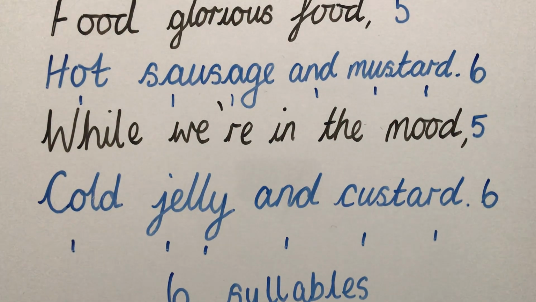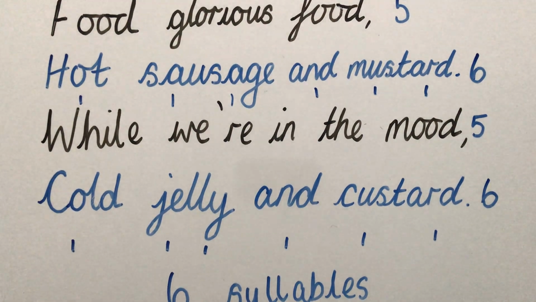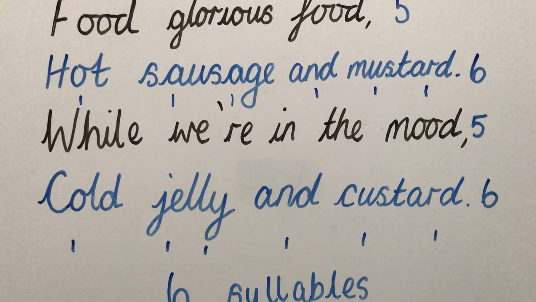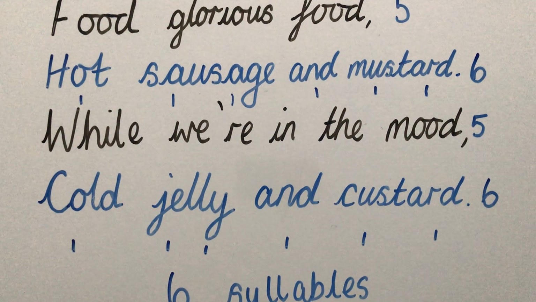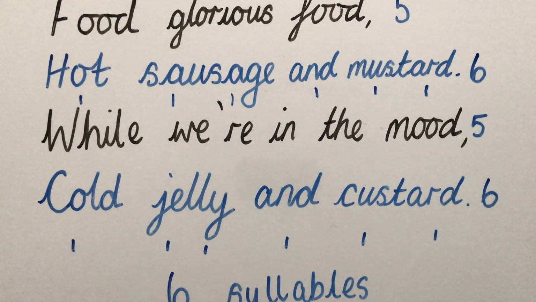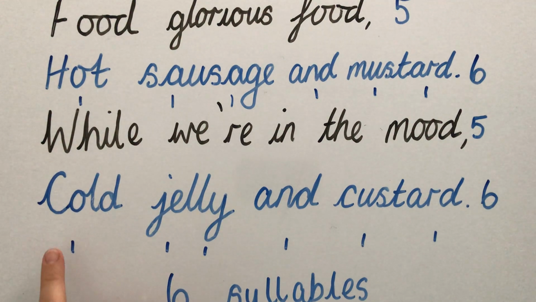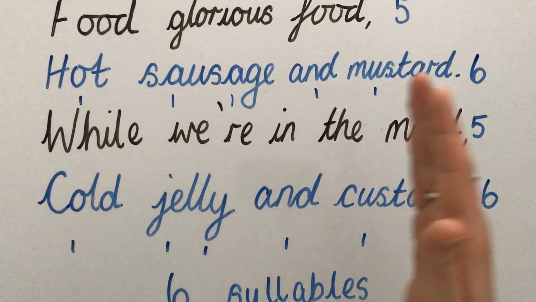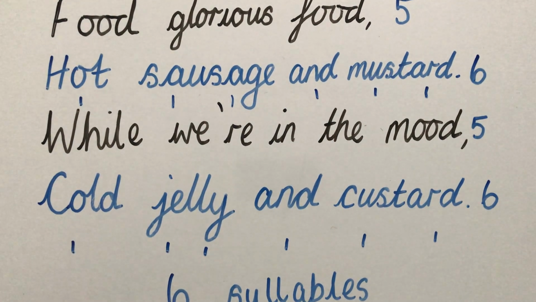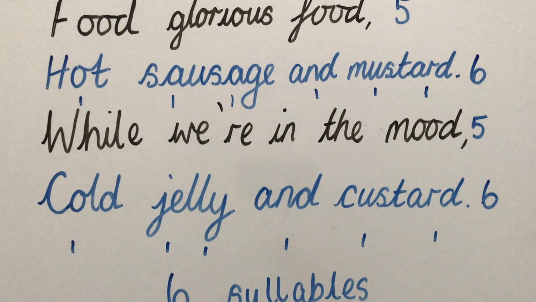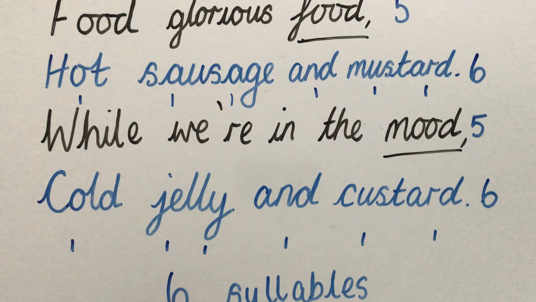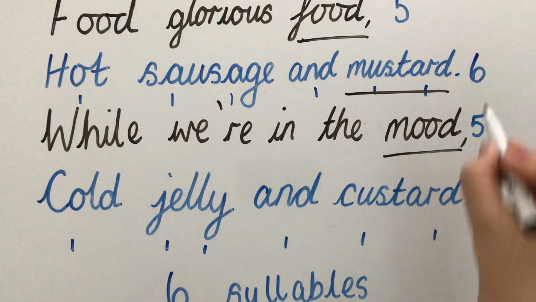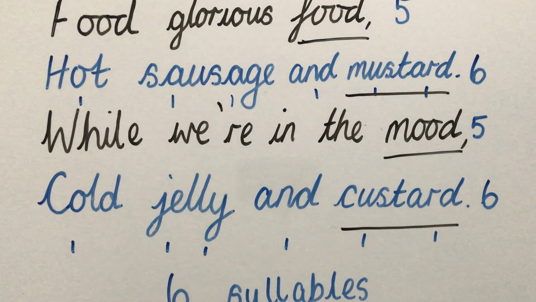You might notice something else. That's right, there's a rhyme in here. Can you spot the rhyming pairs? Have a think about where you usually would find a rhyming pair. It's not going to be at the start of the sentence. They're usually at the end. Where have we got them? That's right, we've got food and mood, and then we've got mustard and custard.